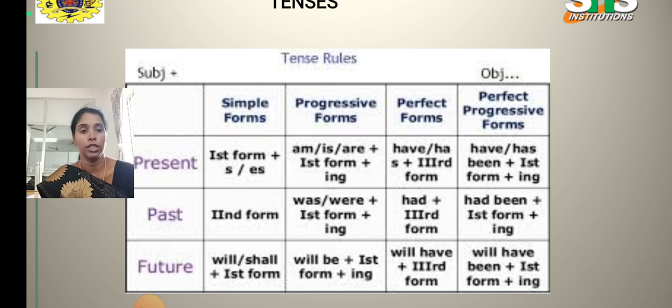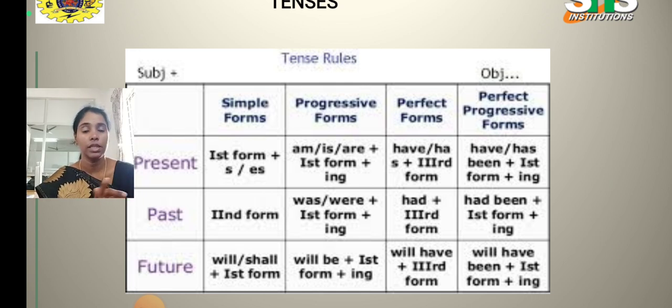Perfect continuous is a combination of perfect tense and continuous tense. In perfect tense we use have verbs, and in continuous tense we use be verbs and the ing form. So in perfect continuous we use have verbs plus been, and then the ing form of the main verb.